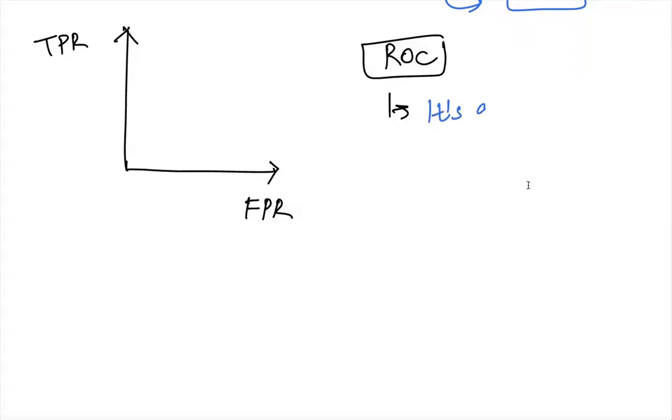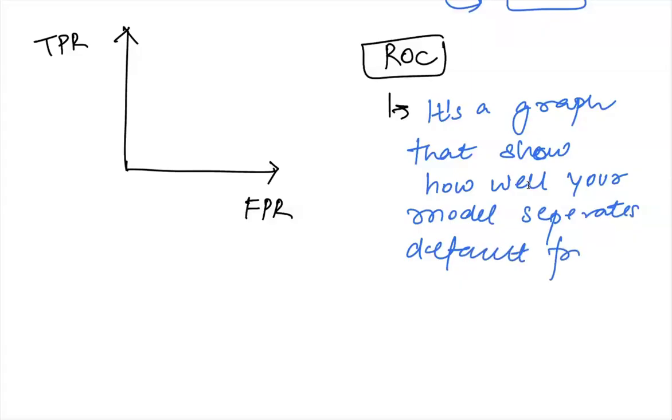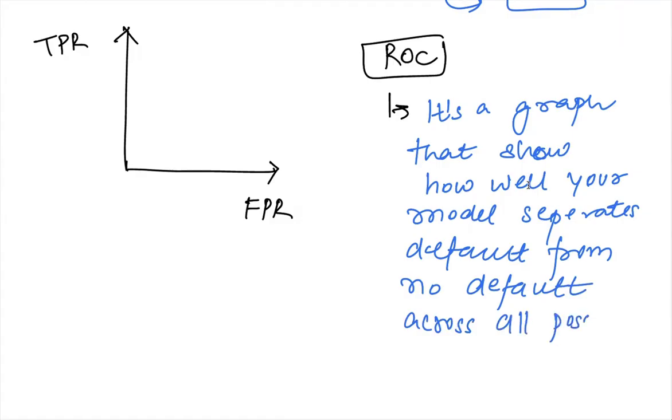So it's a graph that shows how well your model separates defaults from no default across all possible thresholds.